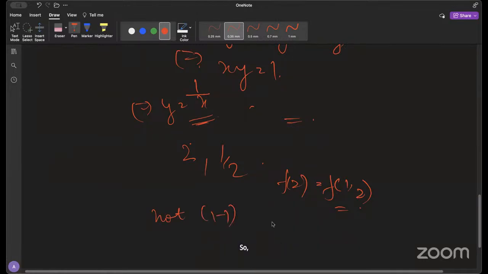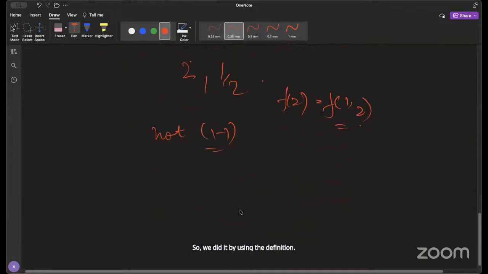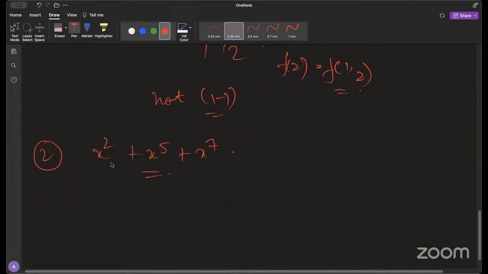So we did it by using the definition of one-one functions. And then there are other ways. Let's take another example, x squared plus x to the power 5 plus x to the power 7. Let's say you want to check this in the domain 0 to infinity.